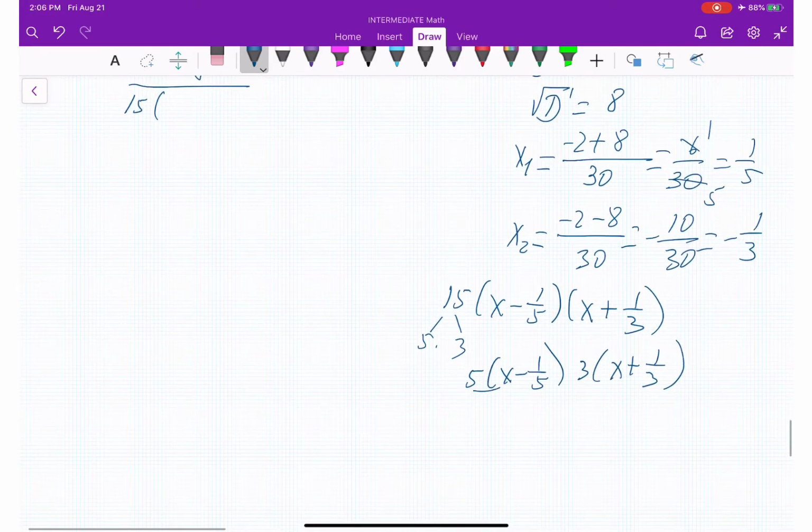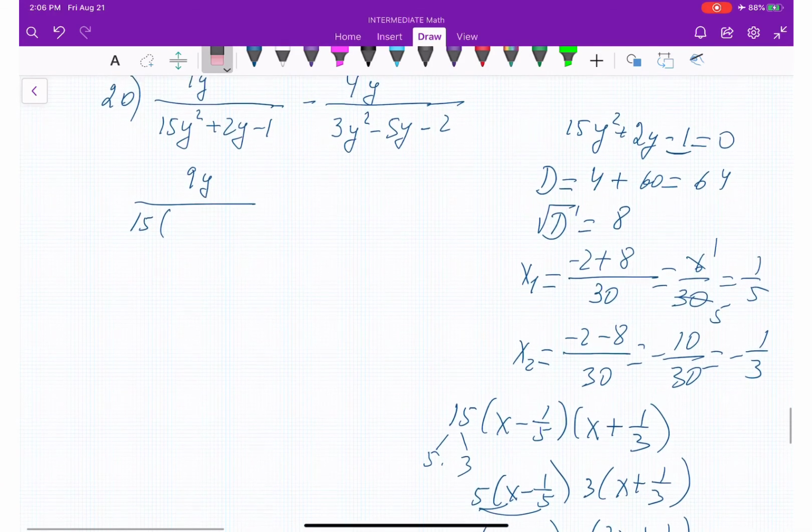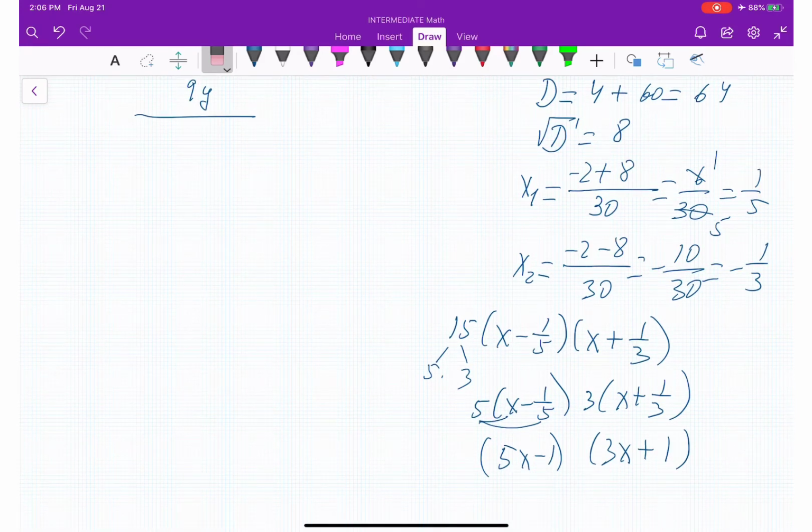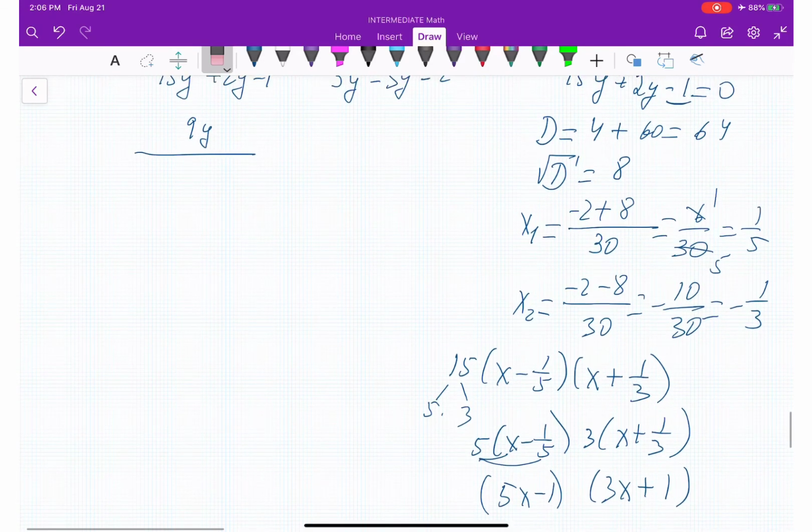And as a result, if I distribute, I will get 5x minus 1 and 3x plus 1. Okay, I'm ready to go, this factor is going to be (5x minus 1)(3x plus 1).